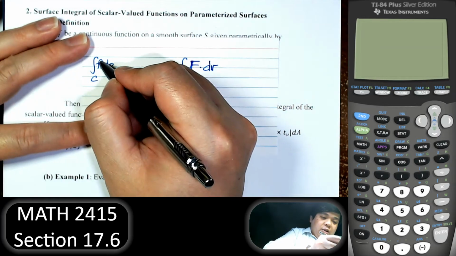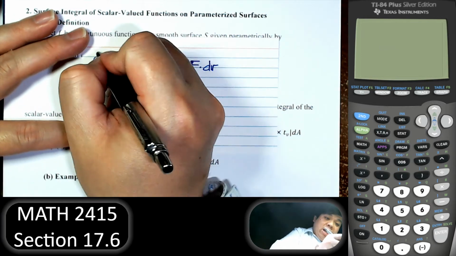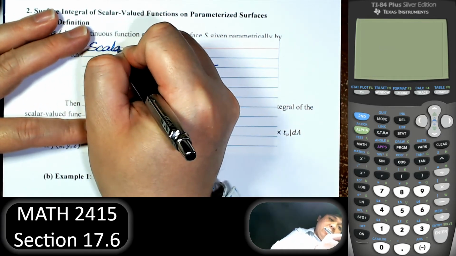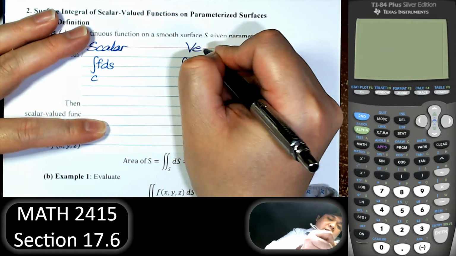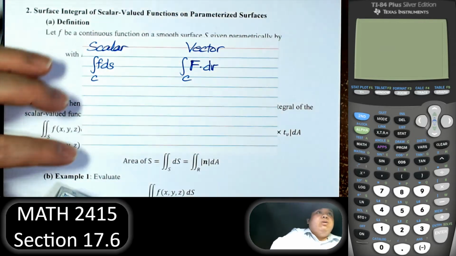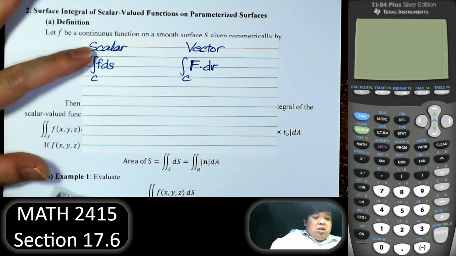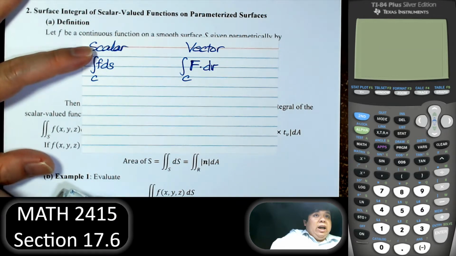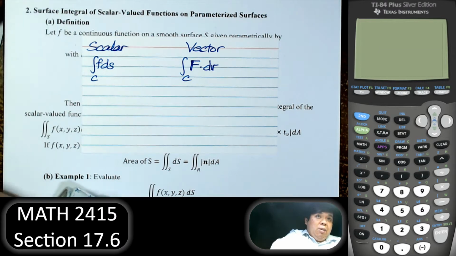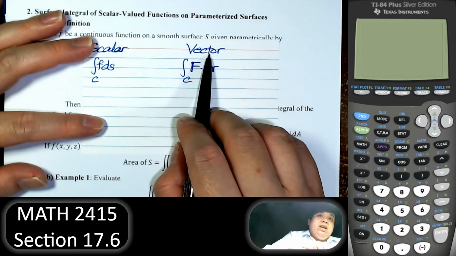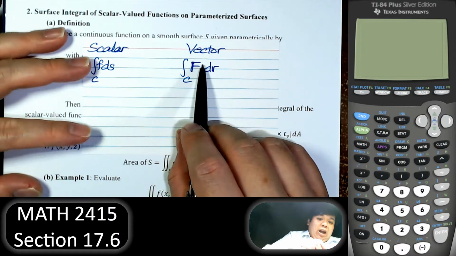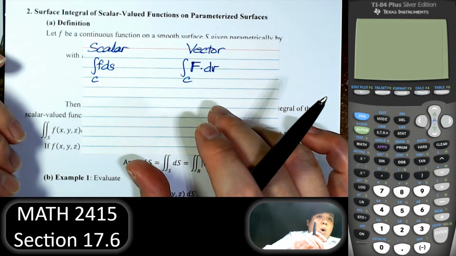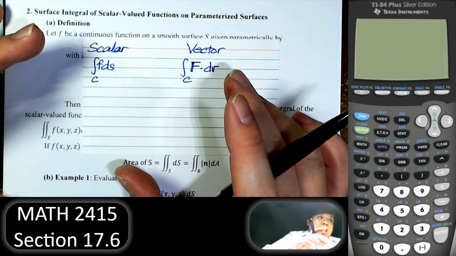This one, of course, is the function, so this is the scalar version of it. And this is the vector version of the line integral. Now, if it is the scalar version, it is representing a mass. A mass has no direction. If it is a vector like this, it represents work. Work has direction.